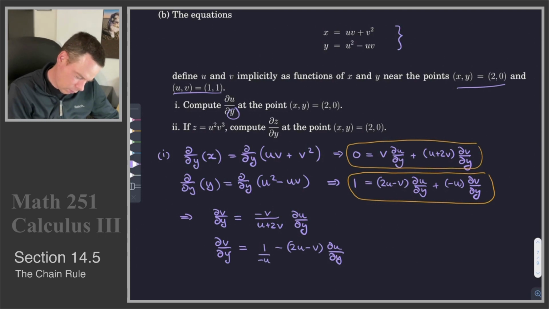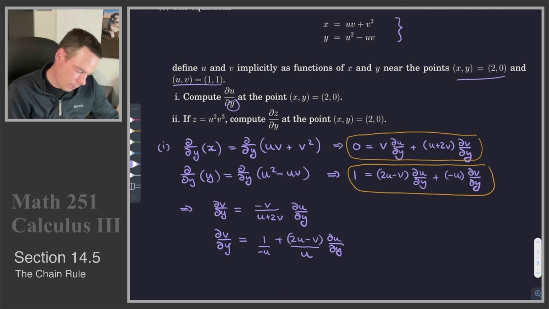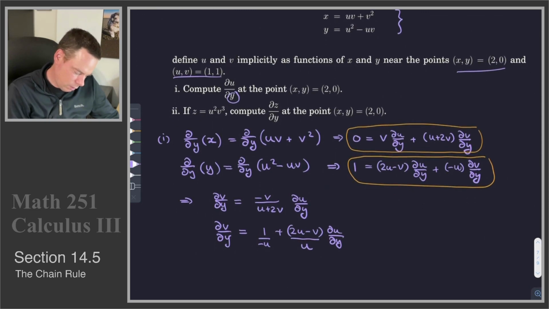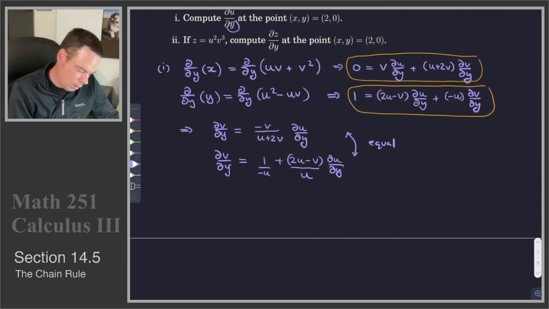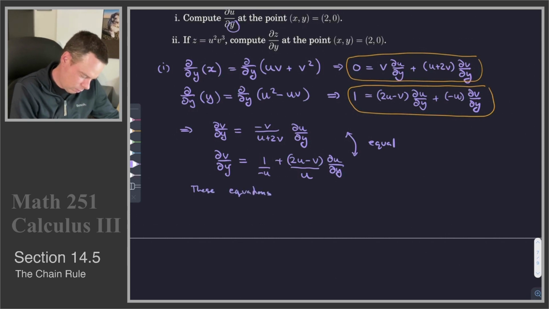So I'll put a negative u there, and then I'll change that to a plus and then move the u underneath there. And so there are the two equations we get by solving for dv/dy. The main idea here is that these have to be equal. And so what we get is that these equations are equal.